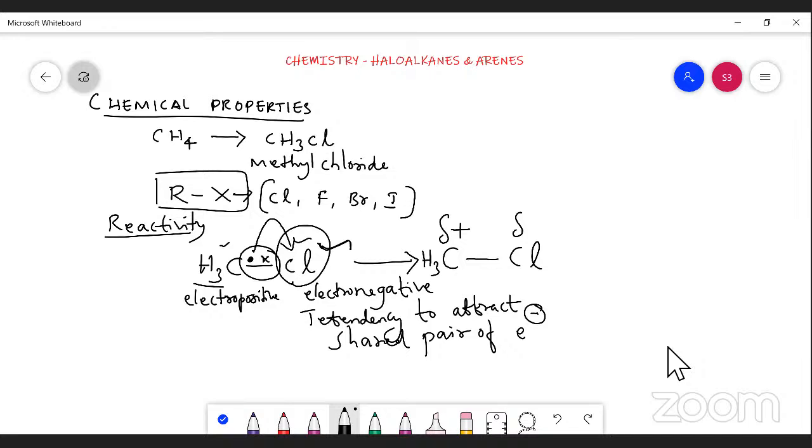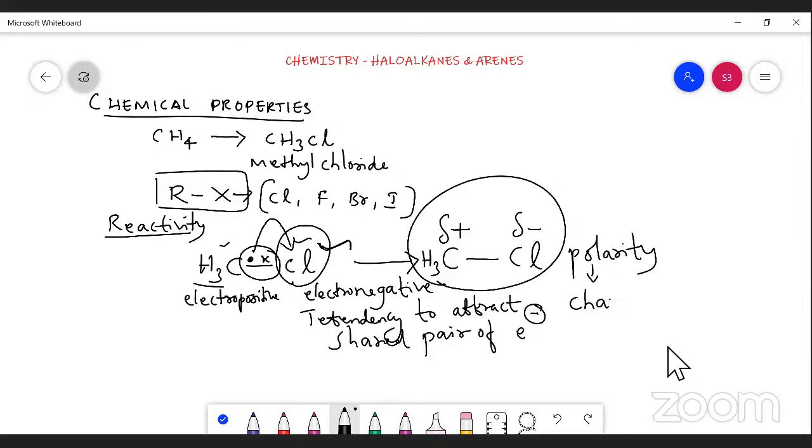Del minus. So this is called polarity. Simply, polarity means charge separation.